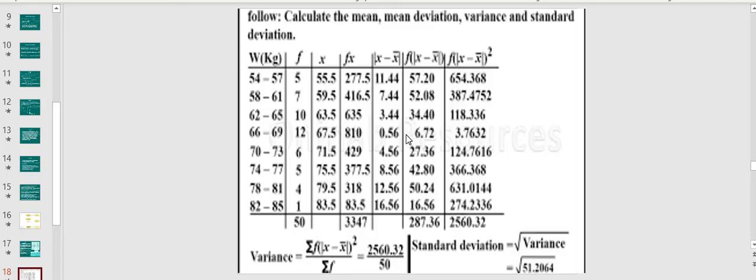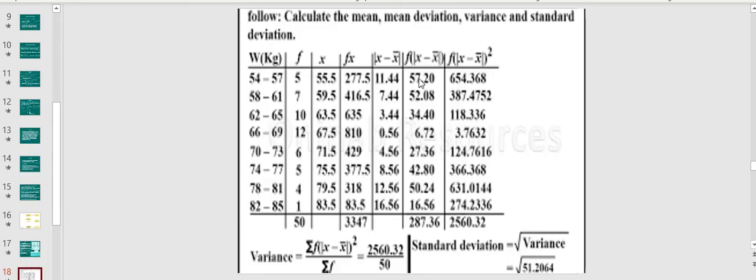Our goal is to find the standard deviation of the given set of data. To find the standard deviation and the variance from the given set of data, we will take the square of each deviation score, x minus x bar.